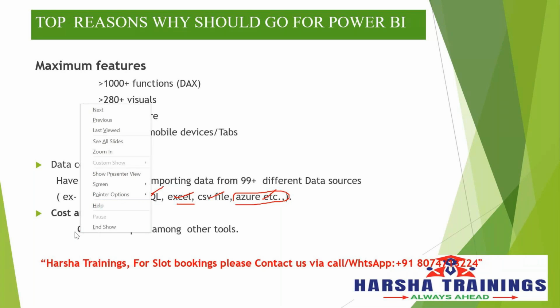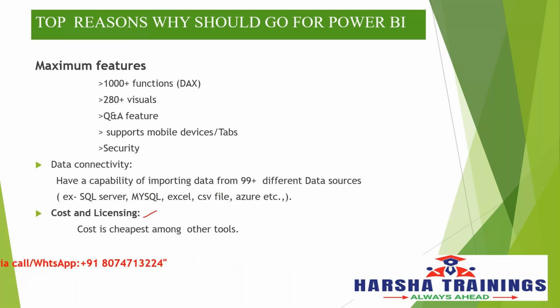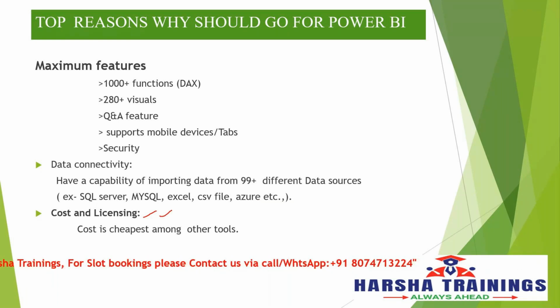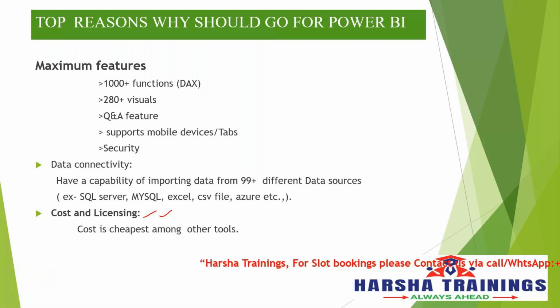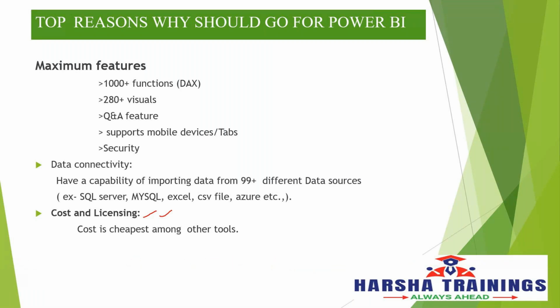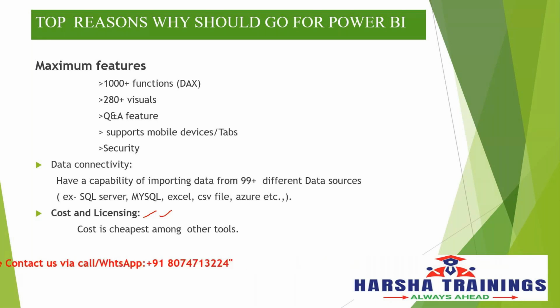Now we're going to see one more thing, cost and licensing. The cost is the cheapest among other tools. As humans, if we get a good discount, we prefer that product, right? Whenever you're buying any product, you compare where you get a discount. When you go shopping, there is Max, Trends, DMart, and we prefer wherever there is more discount.